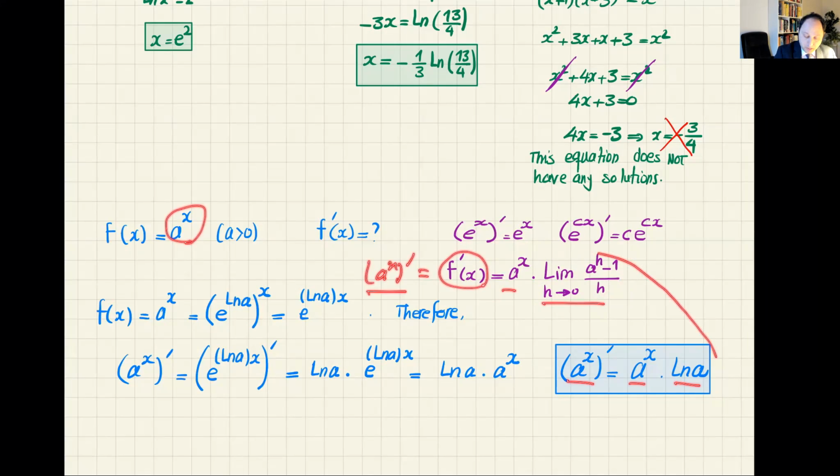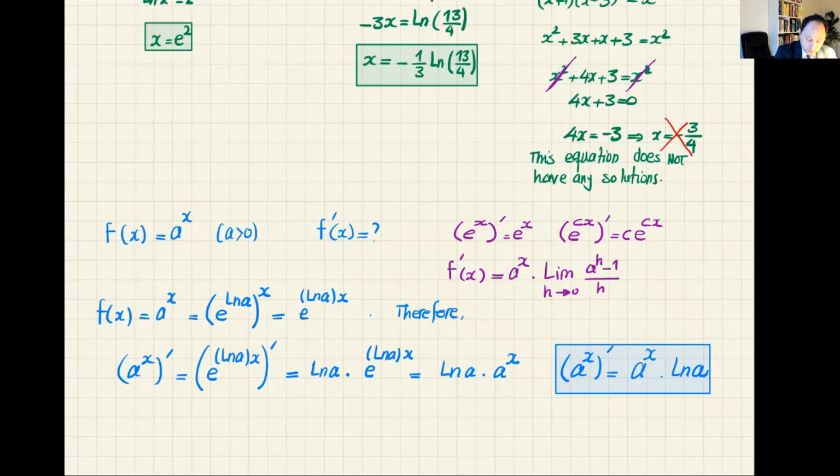So if you compare these two formulas, you also get a very nice formula, yes? So you will get this fact. Let me write it with some other color here. If a is positive, then the limit of a to power h minus 1 divided by h when h goes to 0 is equal to ln of a.